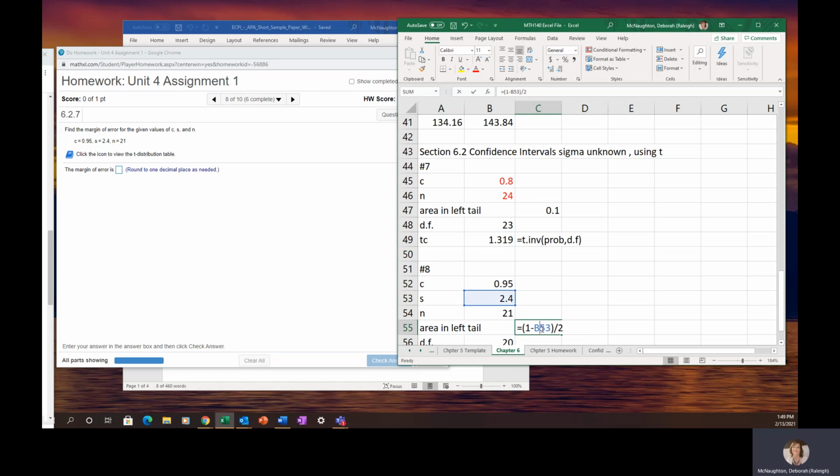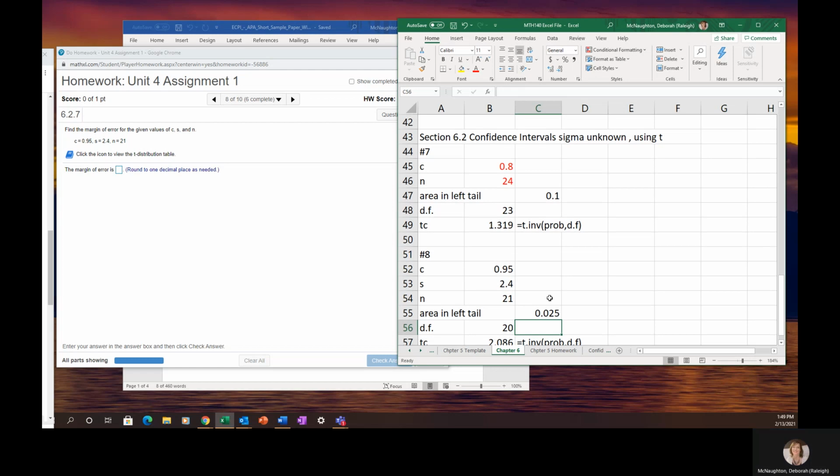Right, so my area and my left tail, this should be 1 minus my C over 2. And then my degrees of freedom should be N minus 1, which they are.